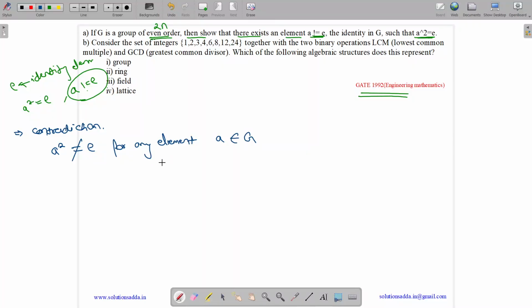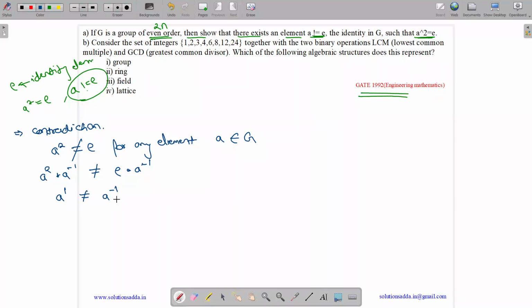What is the meaning of A square not equal to E? Let us multiply A to the power minus 1 on both sides. So A square times A to the power minus 1 is not equal to E times A to the power minus 1, which means A to the power 1 is not equal to A to the power minus 1, for a non-identity element A.